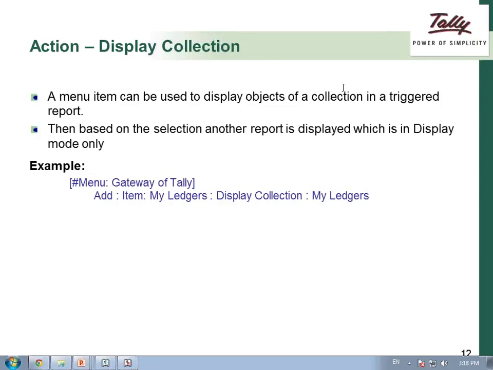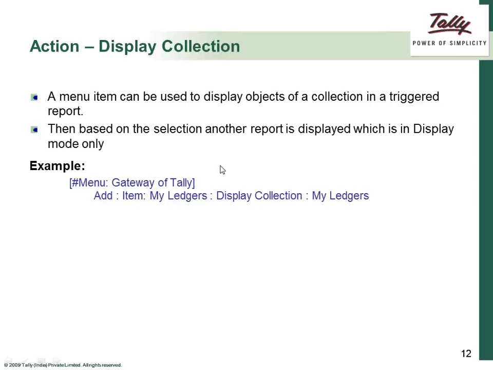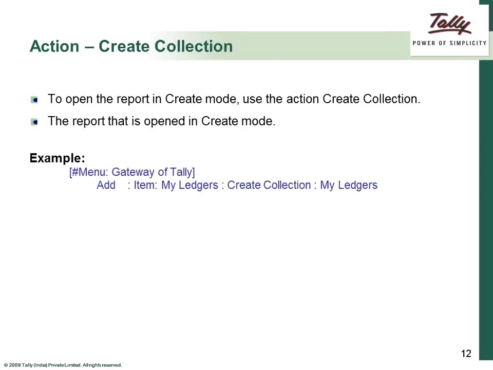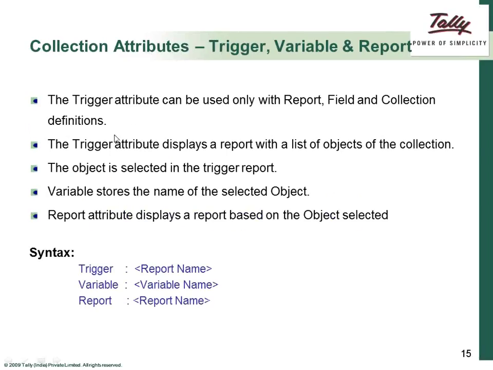I require a trigger report in which I can display a list of my objects in a collection, that is the pop-up list, and based on the selection from this pop-up list, we have a display report. And that's what the report attribute at collection level helps me do. And the mediator, the element that helps me pass my value from the trigger report to my display report, is the variable, right? So this is what we did yesterday.